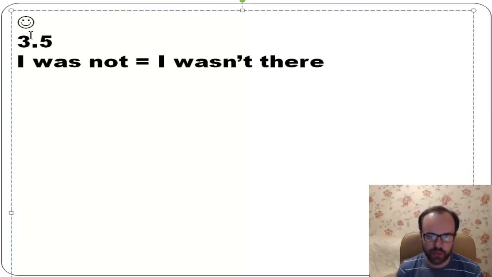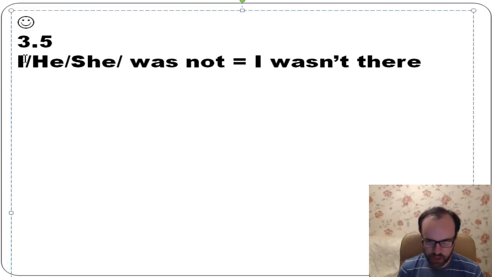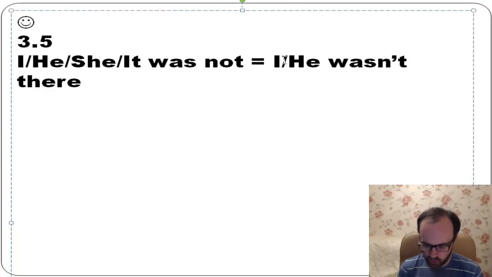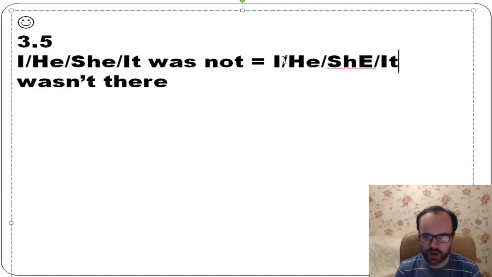He was not, she was not, it was not, or we often use a short form. So he wasn't there, she wasn't there, and it wasn't there. Good.